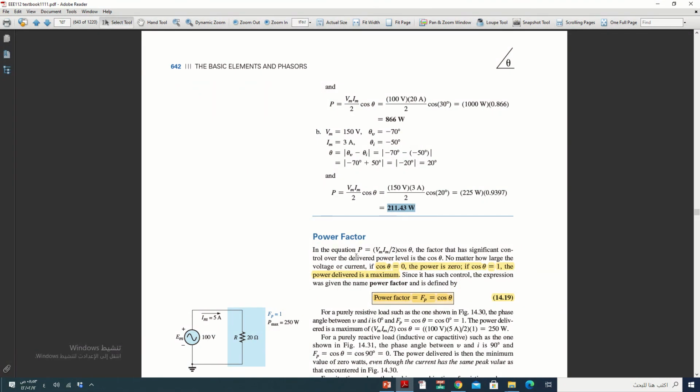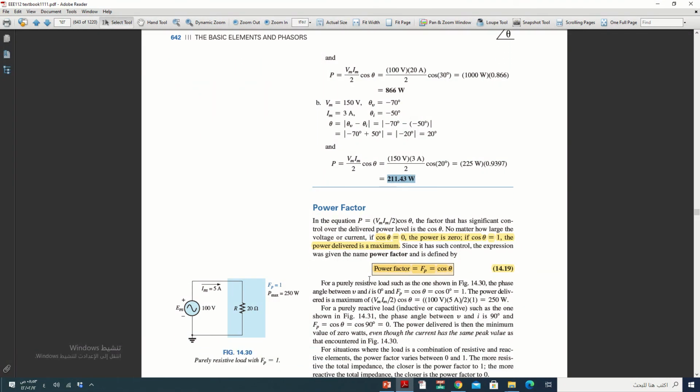Last part in this chapter, we'll talk about power factor. The power factor is cosine theta, and we know that theta is theta v minus theta I. The power is 0 if cosine theta equals 0. If cosine theta equals 1, the power delivered is the maximum.